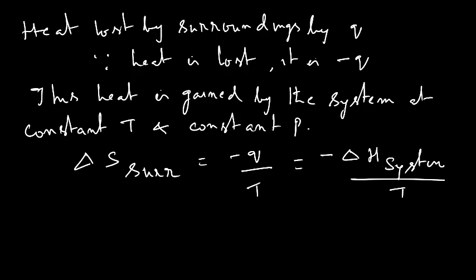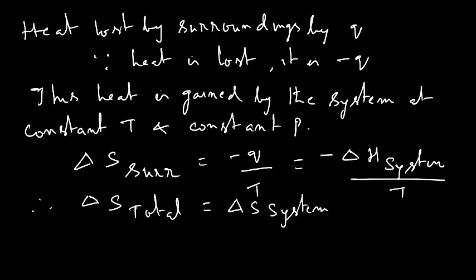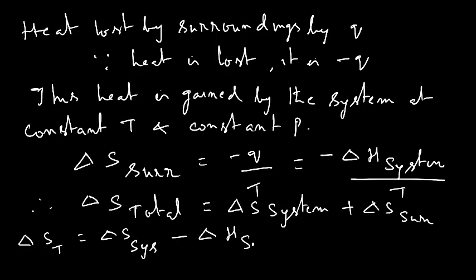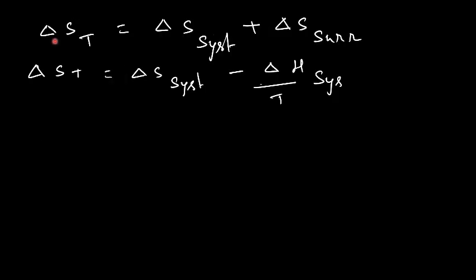Now substitute this value in the equation. Therefore, delta S total equals delta S system plus delta S surroundings.